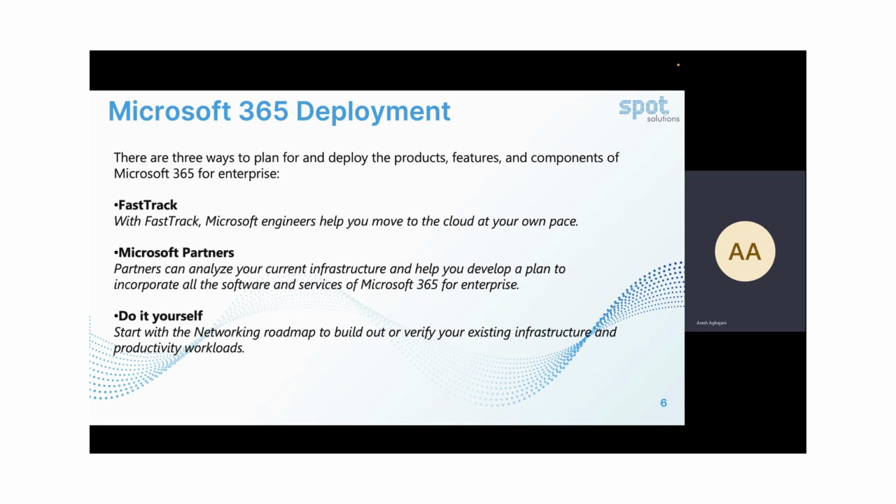Here, the first one is FastTrack. With FastTrack, Microsoft engineers help you move to the cloud at your own pace. There are some limitations on how you can engage with the FastTrack program and service. I will talk about the details in the next slide.